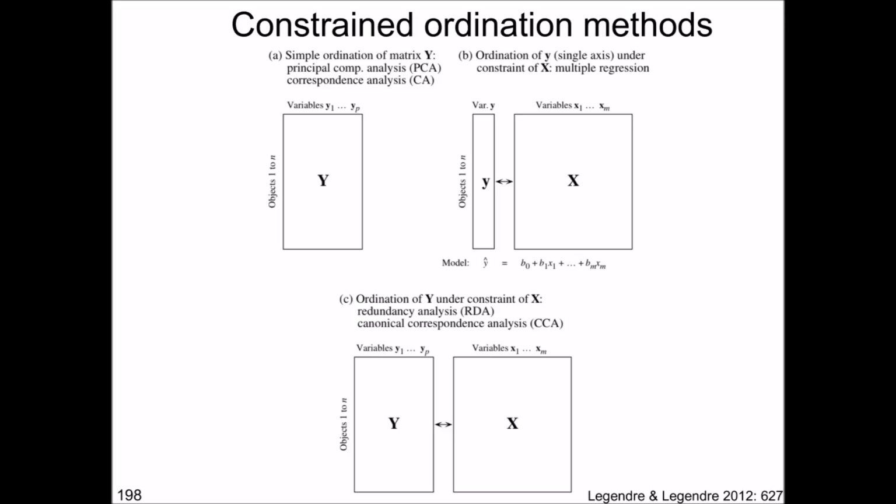And in the ecological context, most often you have species data and variables that may influence the communities that are represented by the matrix y. The variables can be any environmental variable, a stressor variable, and so on.